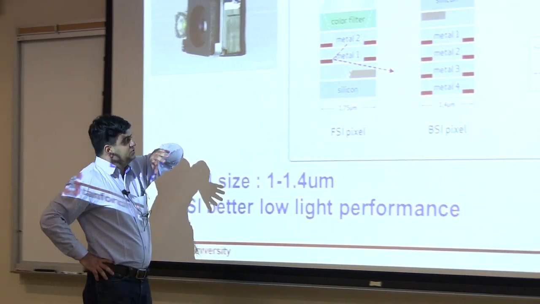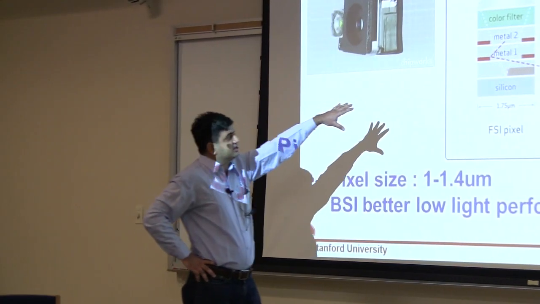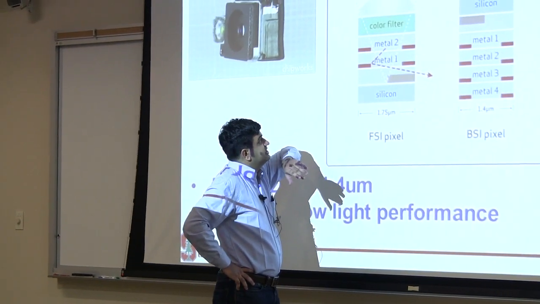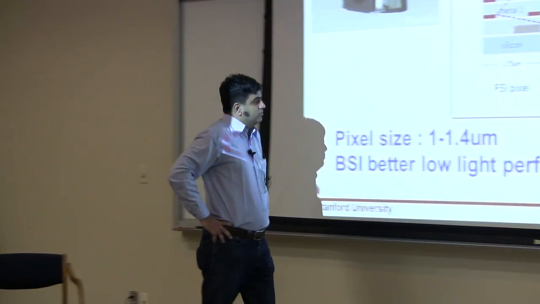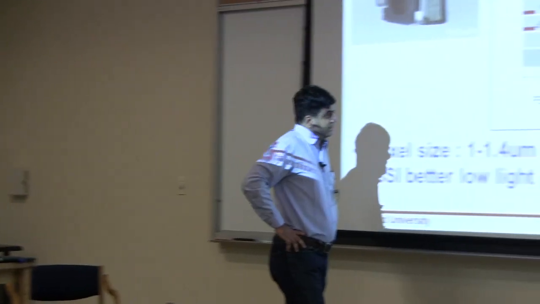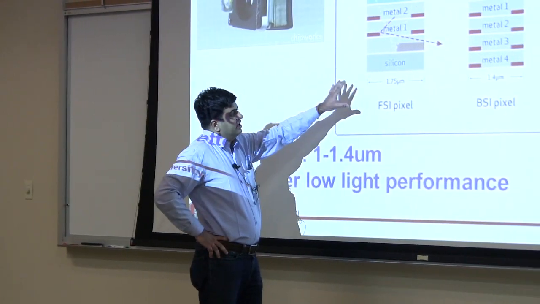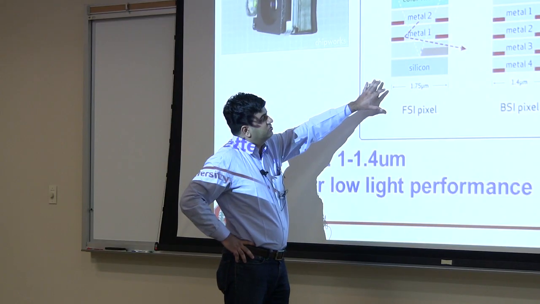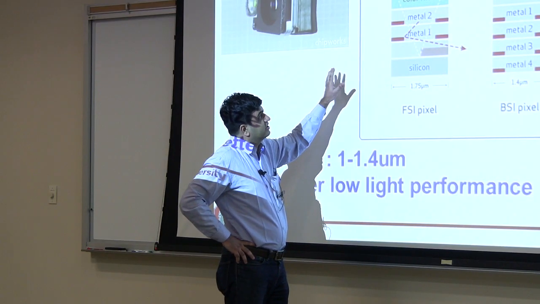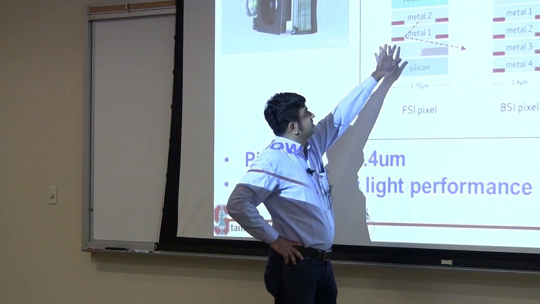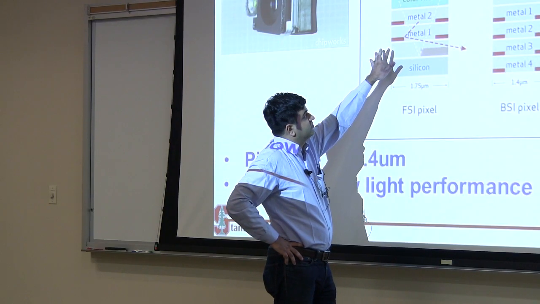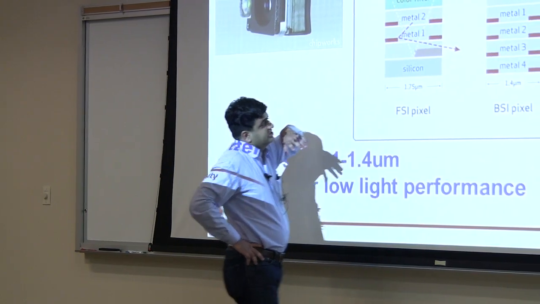This is the way it used to be done. You need these interconnects to run the circuitry and connect all these individual cells. This was fine when your pixel size used to be 20 micron or 30 micron, because the percentage of that metal wiring was a very small fraction of your overall chip layout.